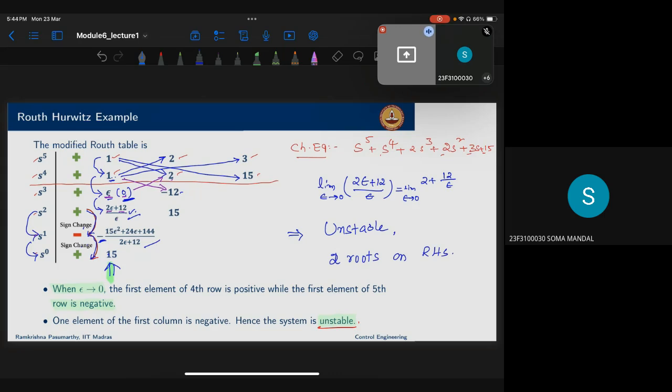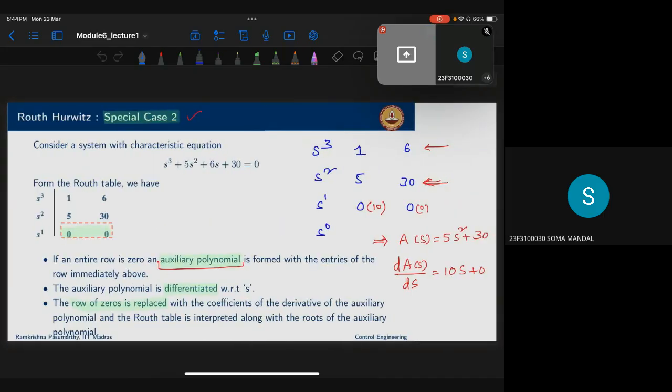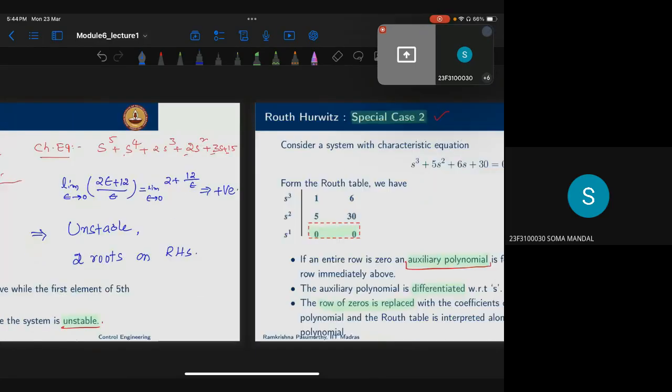Here this is leading to a positive value. Is it clear? Any doubt? Okay, so that is special case one. Any queries in this? No, sir.